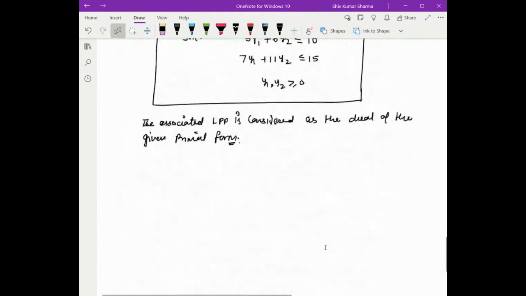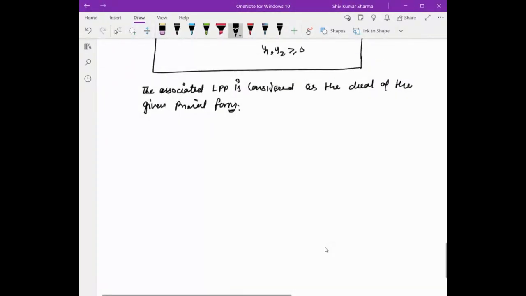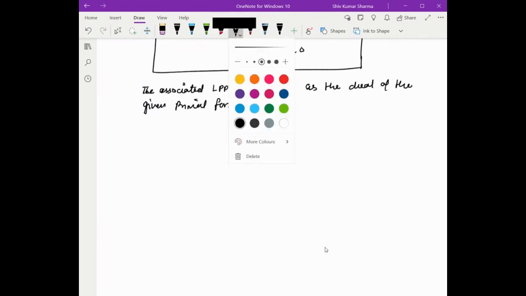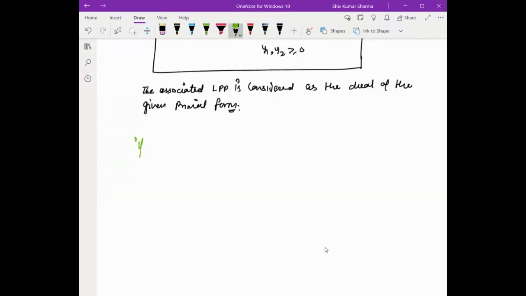Next, while the problem has equality constraints, for example, a constraint such as x1 plus 2x2 equal to 4, what to do for writing the dual of this problem?